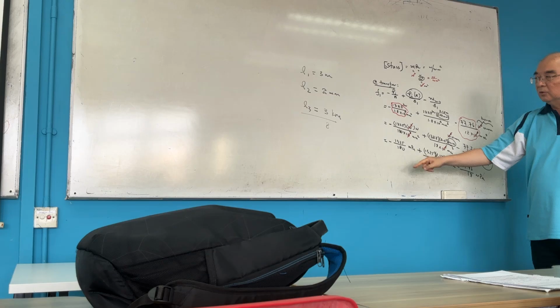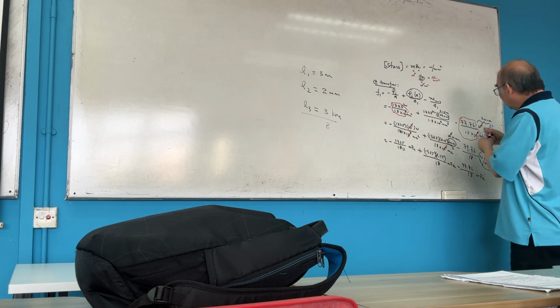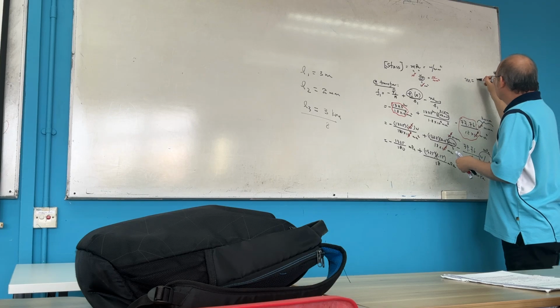Okay? So then the same thing, your moment normally is kilonewton meter. Why? Because you use the WL square over 8, and L is in meter, right? And W is kilonewton per meter. So that is why your unit comes out to be kilonewton meter, right? Correct? Because the way that you calculate your moment is equal to WL square over 8.